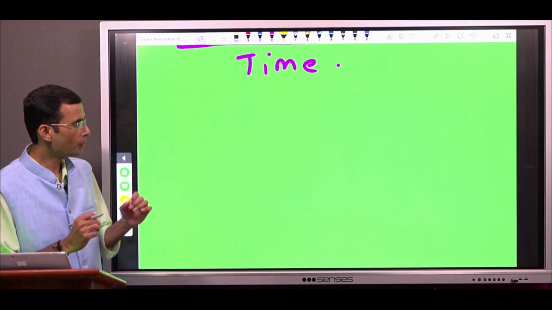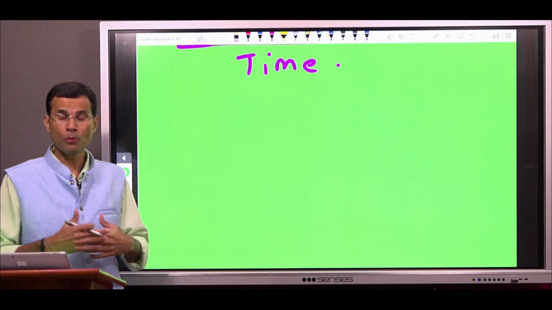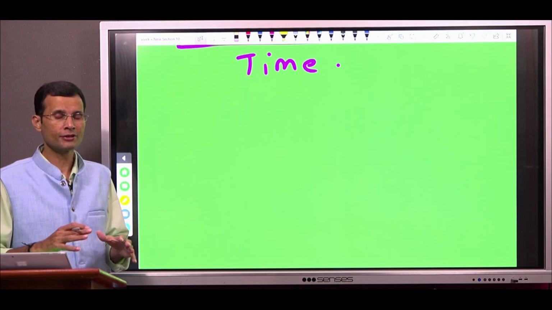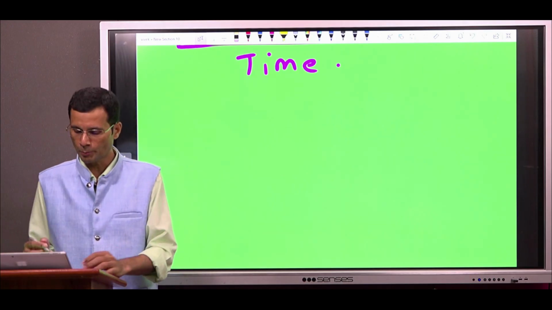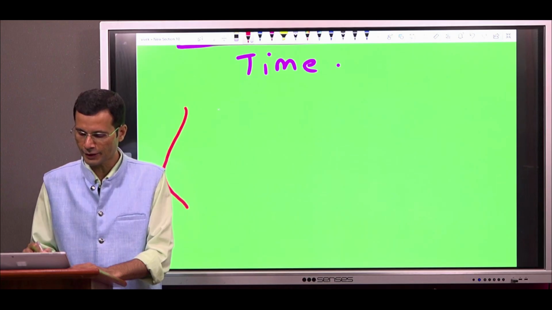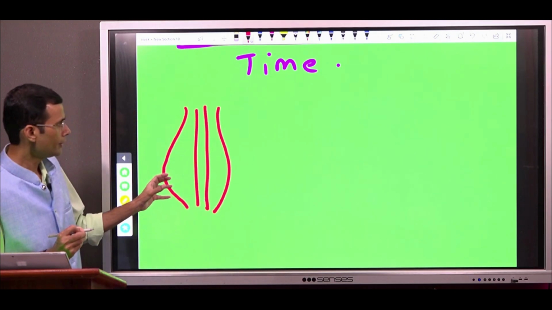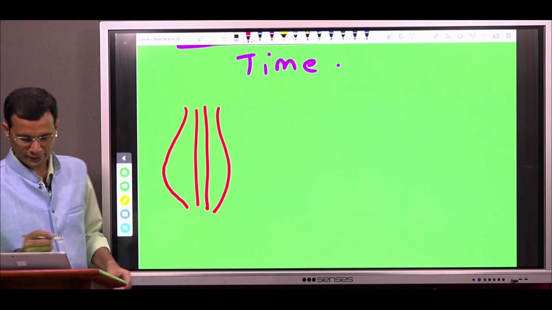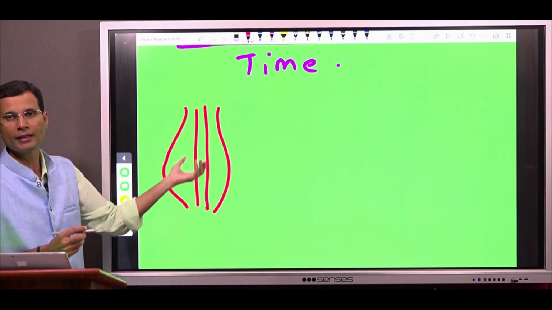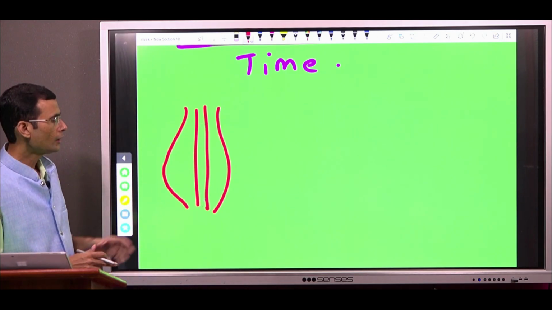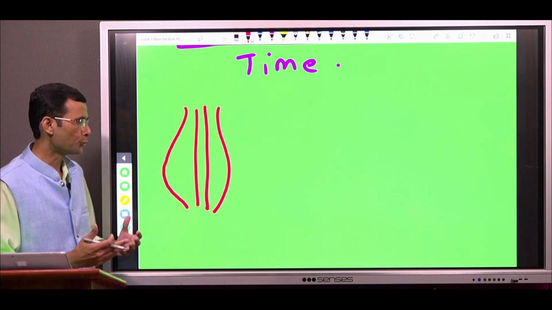And most of the peripheral resistance, more than half the peripheral resistance, is offered by skeletal muscle circulation. You know, something like this. Here is a muscle and here is a blood vessel within the skeletal muscle. Now, muscle is a contractile tissue.